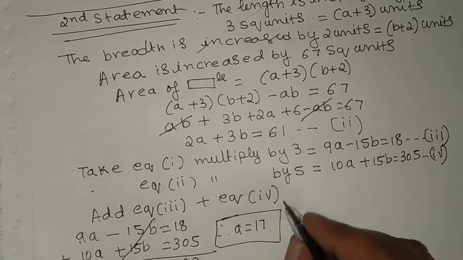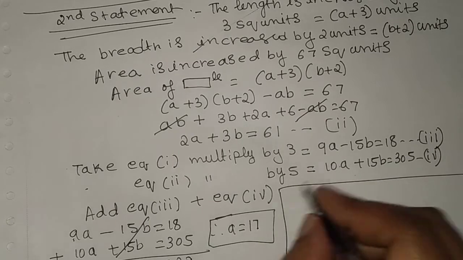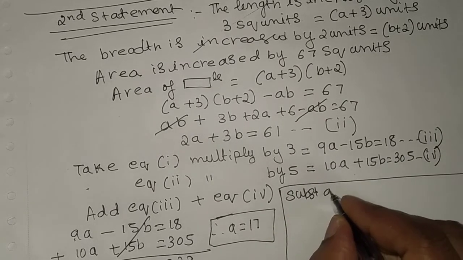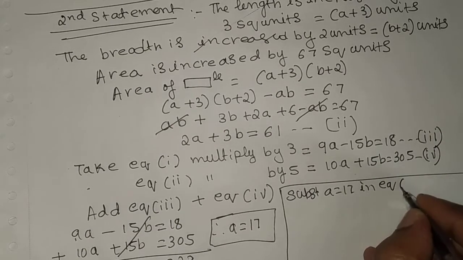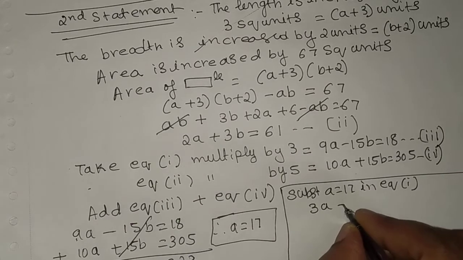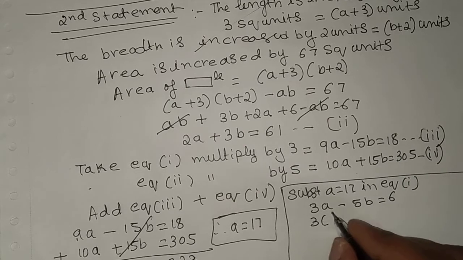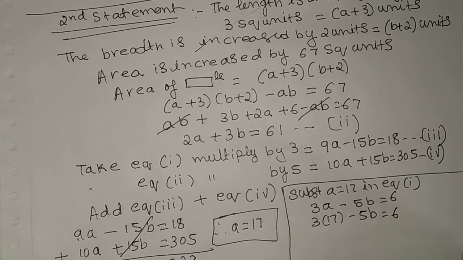So after this, now we have to substitute. One more is there. Substitute A is equal to 17 in equation 1. What is equation 1? 3A minus 5B is equal to 6. 3 into 17 minus 5B is equal to 6.